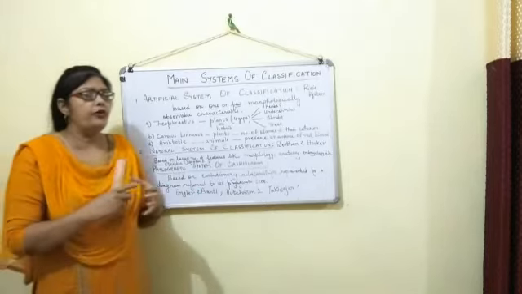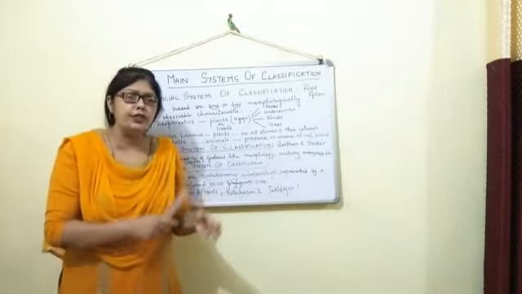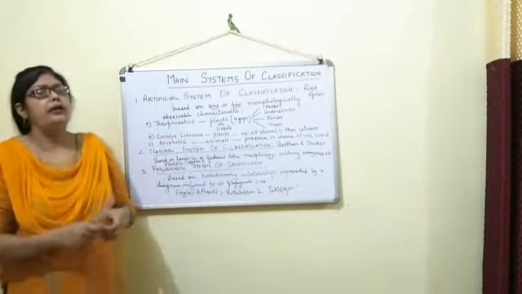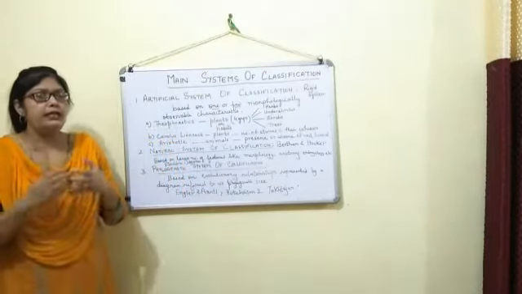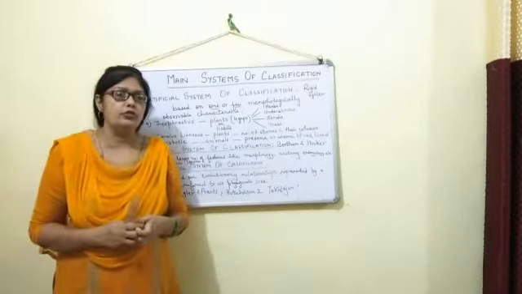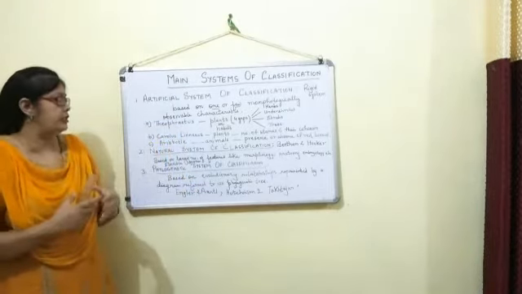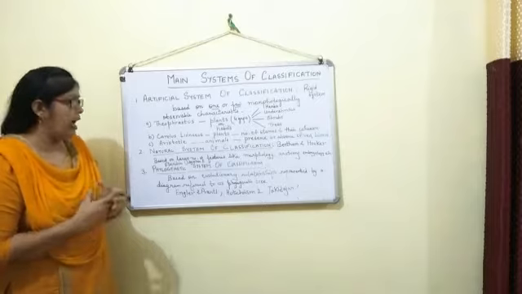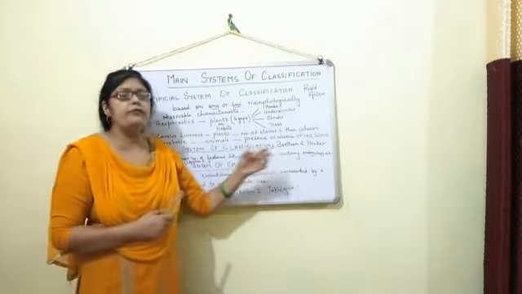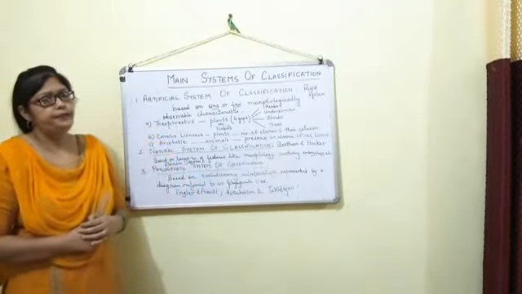So, a large number of characters like morphology, the anatomy, their embryology, etc. were taken into account. So, it came out to be a very flexible system of classification, and as I told you earlier, followed by Bentham and Hooker.